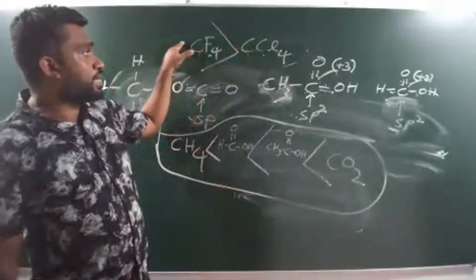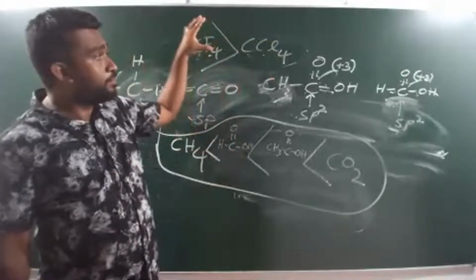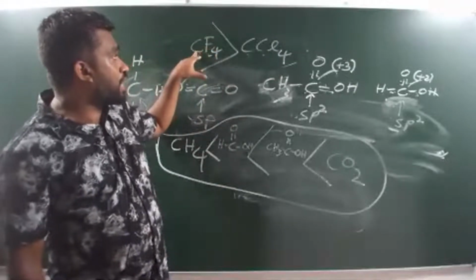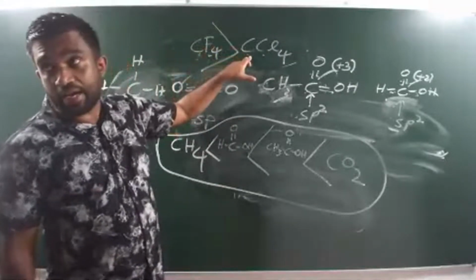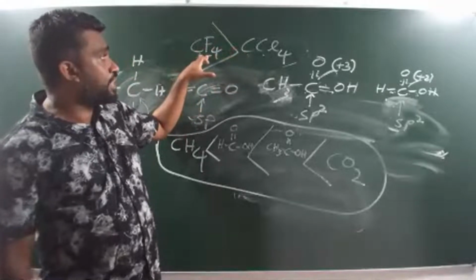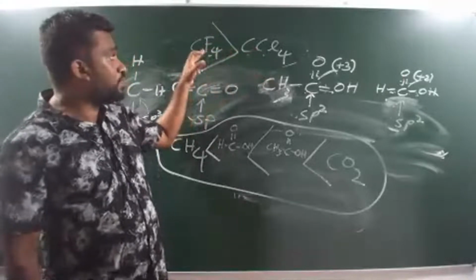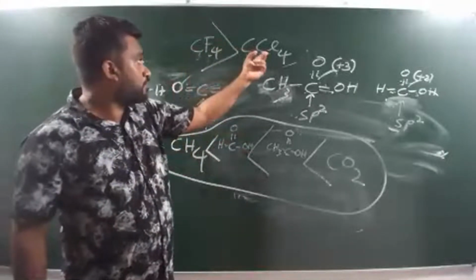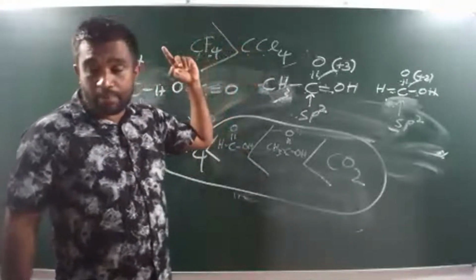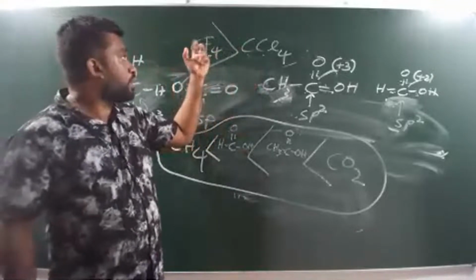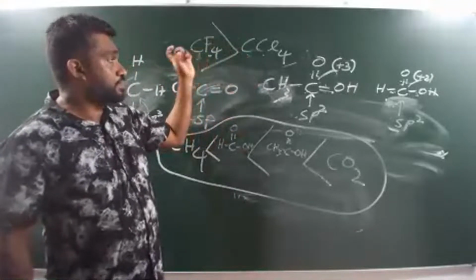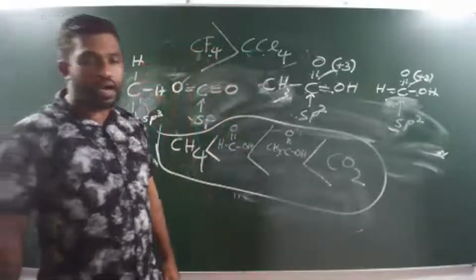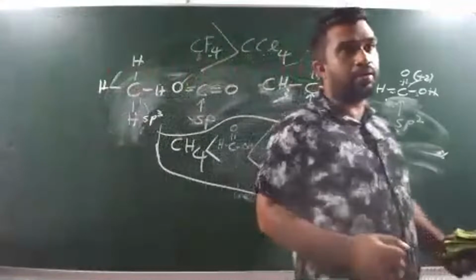So you have to look at the nature of the surrounding atoms. Now, we are comparing the electronegativity of these two carbons. Fluorine's electronegativity is higher relative to chlorine. So what will happen? The fluorine will attract more electrons from the carbon. The carbon in this CF4 has a higher electronegativity. I think you have understood properly now.